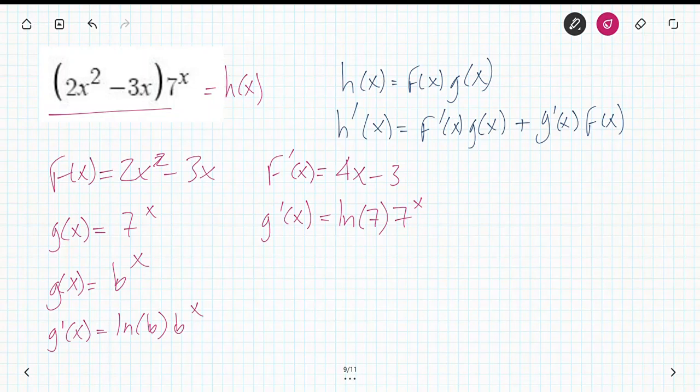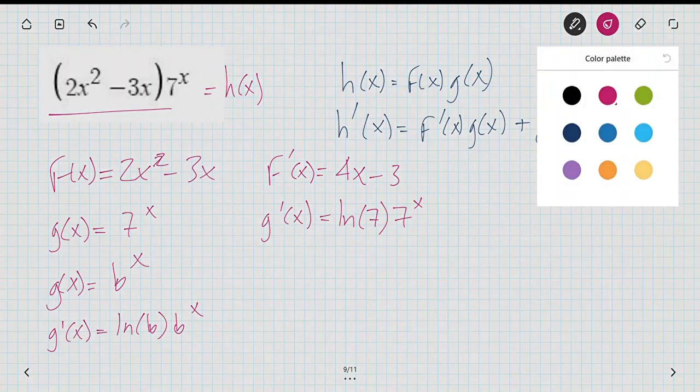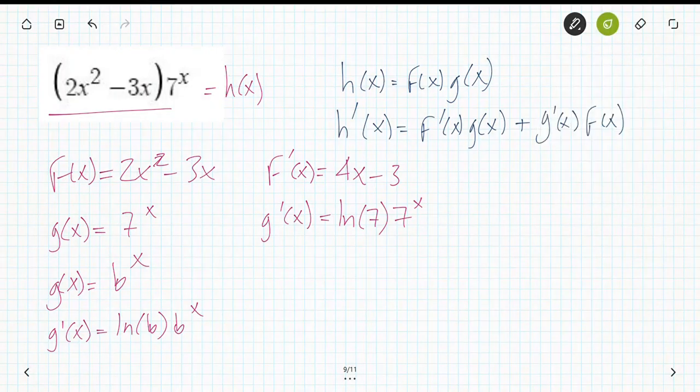Okay, and if your constant is e, then for example, let's say that m of x equals e to the x, then m prime of x is going to be the natural log of e times e to the x, and the natural log of e is just 1. Okay, so that's why m prime of x is just e to the x. Okay, there is a more specific proof video for that.